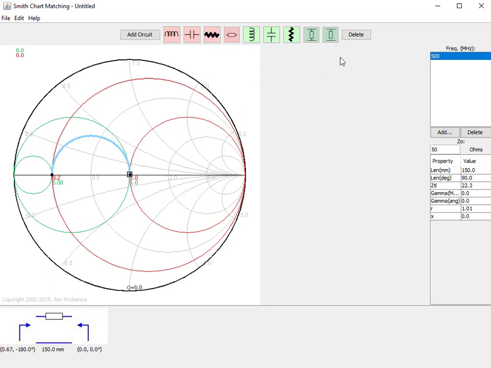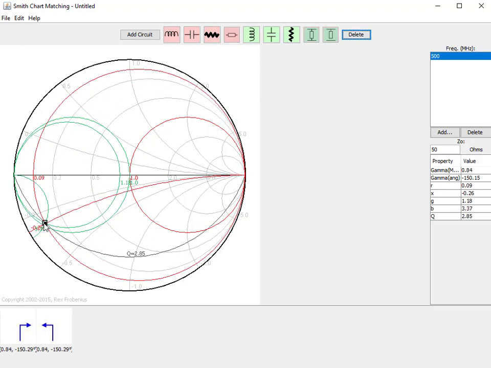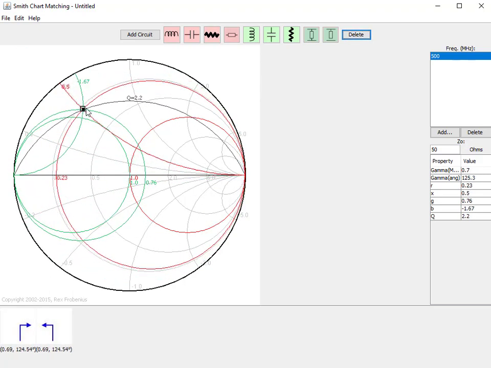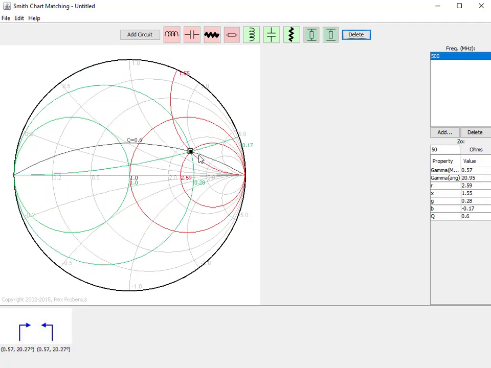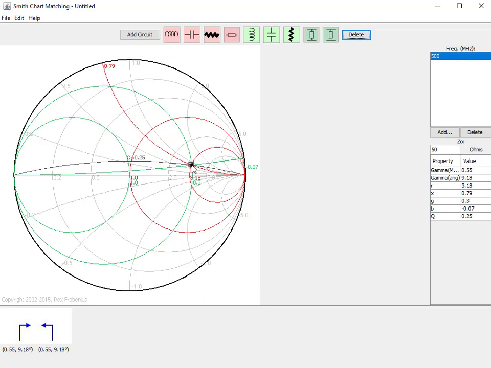All right, and last but not least, let's just look at terminations on the Smith chart briefly here. We can see that for any sort of passive component like a capacitor or resistor or some combination of those two, the reflection coming back is going to at most be equal to the transmitted forward wave in magnitude. It's not going to be able to add energy because it's a passive component.